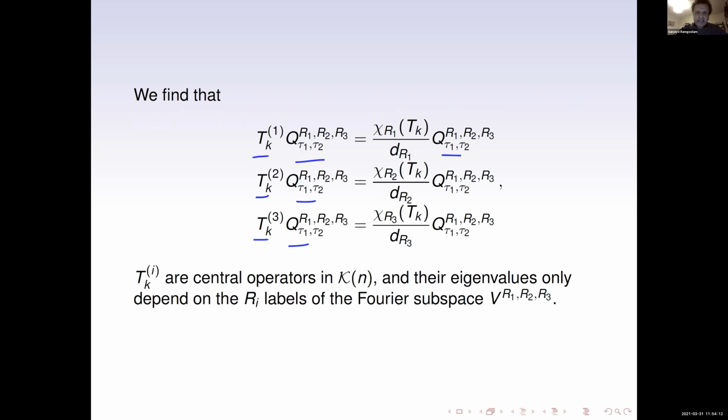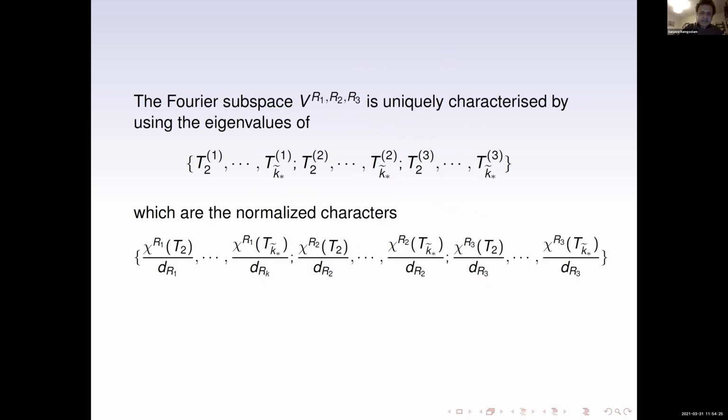But we also said that if you take enough of these k's from 2 up to k star or k tilde star, you can completely fix the Young diagram. We're going to use that fact to say that these operators, t2 up to tk tilde star, have eigenvalues that will distinguish the triples of Young diagrams.